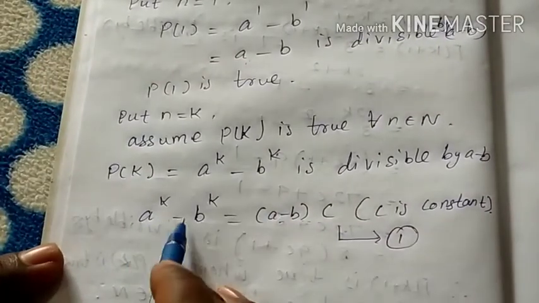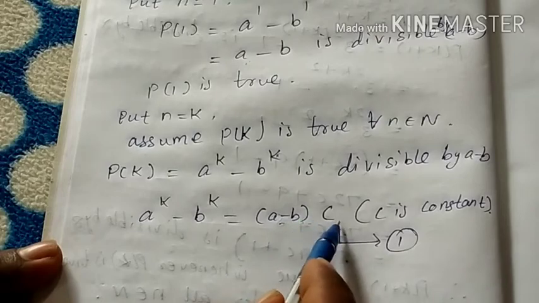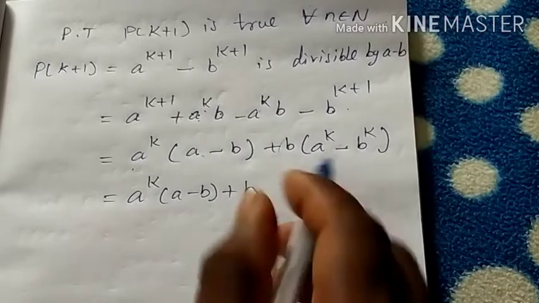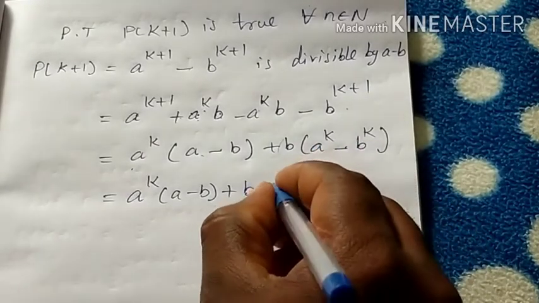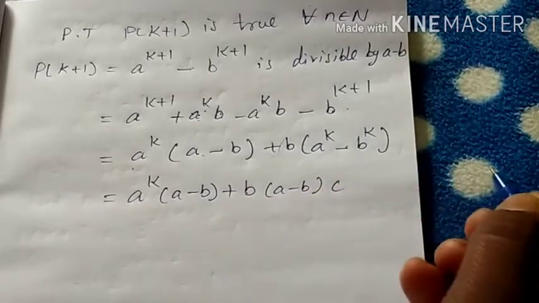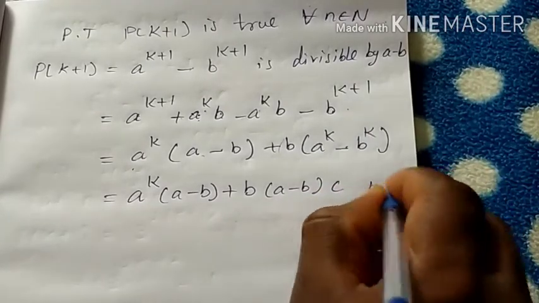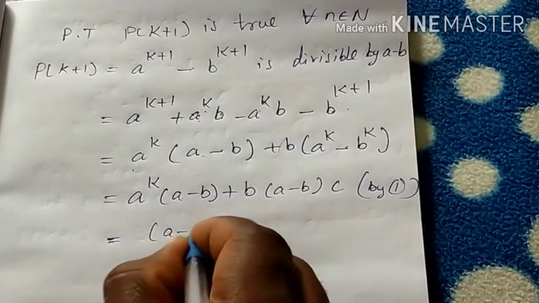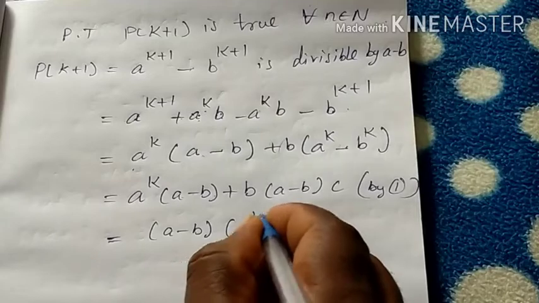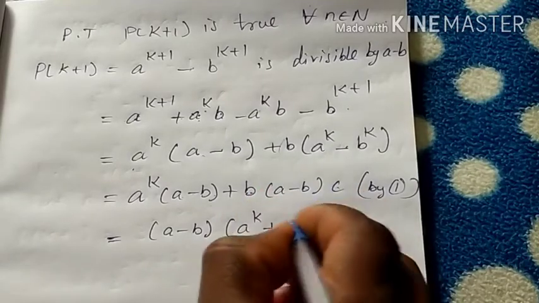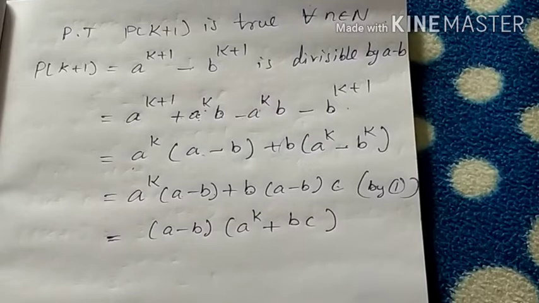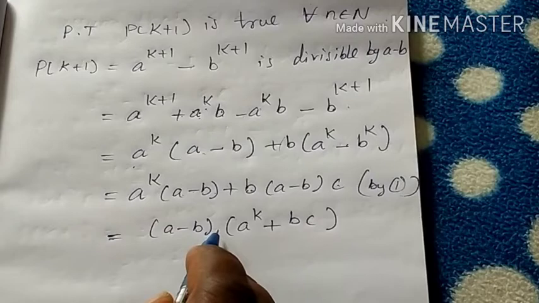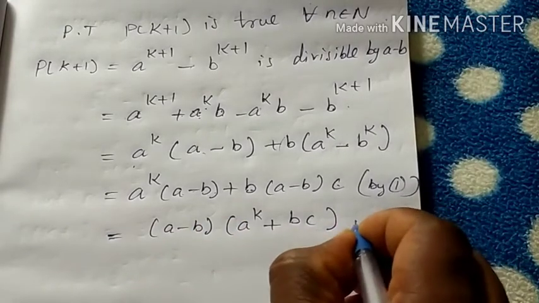From 1, a power k minus b power k equal to a minus b into c. Using this condition, this is equal to a minus b is common for both the terms, so a minus b into a power k plus b into c. The product of a minus b is definitely divisible by a minus b.